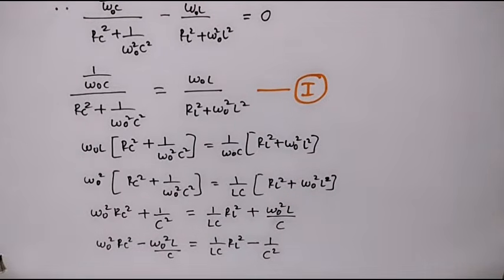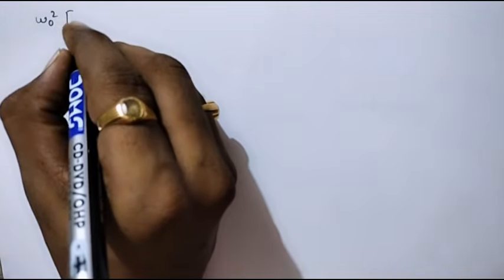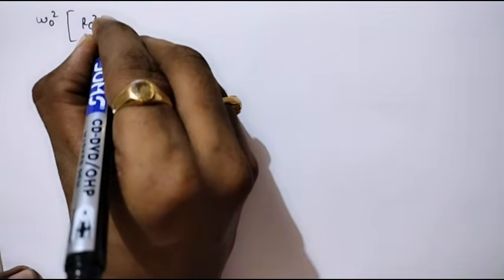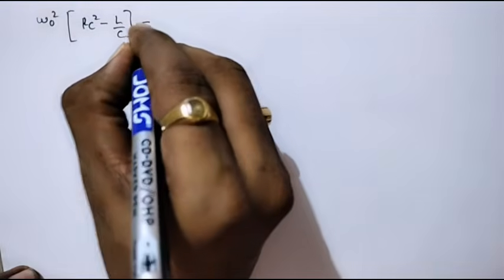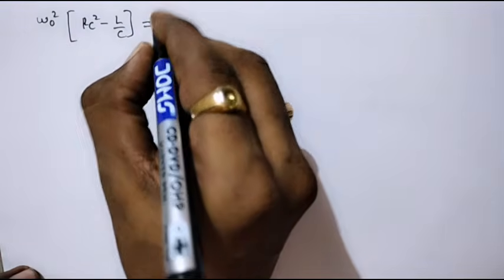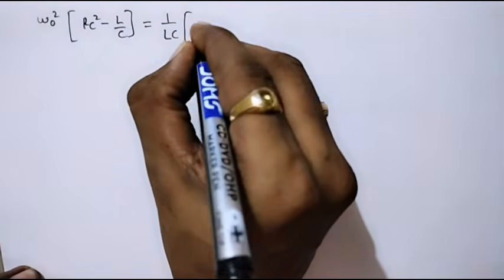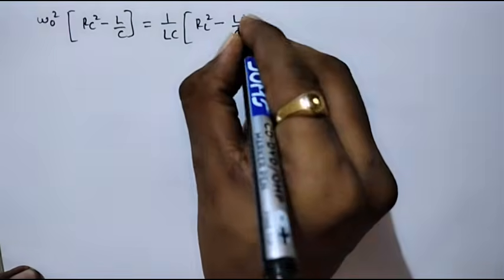I will rewrite the equation: omega naught square in bracket RC square minus L by C is equal to, here I'll take 1 over LC out of the bracket and I can write it as RL square minus L by C.